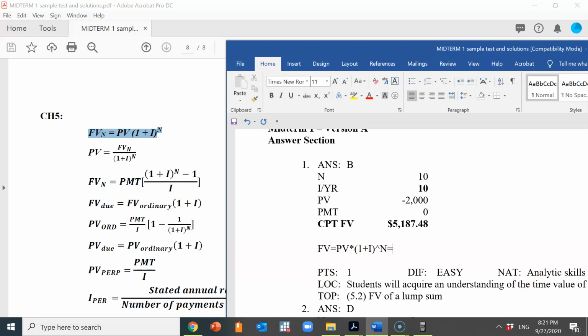So here we have 2000 as our present value. We can multiply by 1 plus 10% to the power of 10. Okay, we should also get 5187.48. You could always solve for all these questions using the financial calculator first, and then come back and double check with the formula if you have time after finishing all the questions. Okay, but either way, you should get the same option B here.